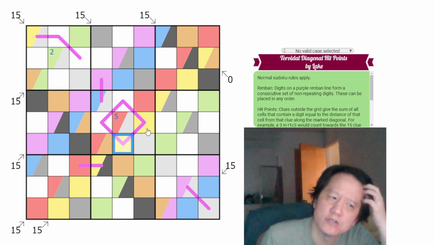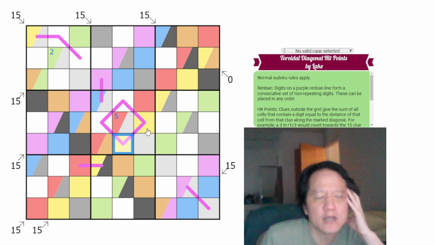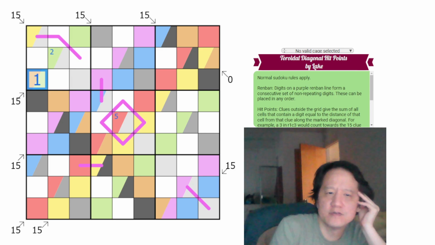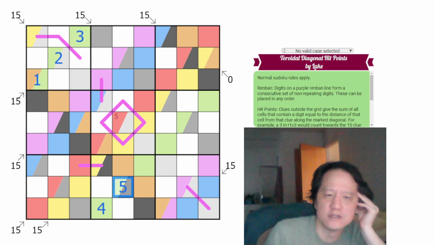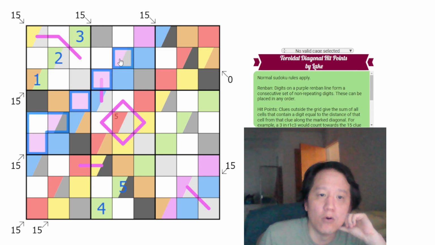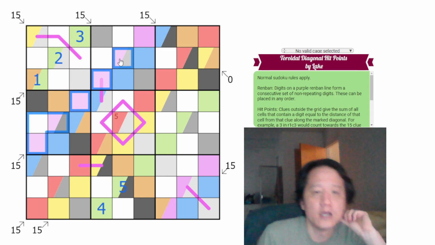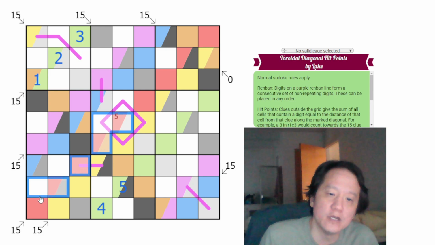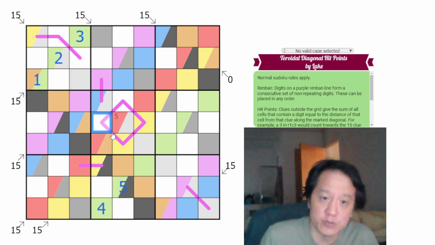Oh, that's interesting. Can there be multiple 1 through 5s? Maybe. So if this is 1, 2, 3, what this does is it eliminates the possibility for the purple to be 1 through 5. No, wait, hold on. It eliminates the possibility for any of these to be 1 through 5.